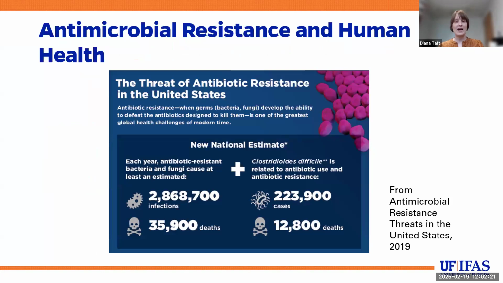Since I know this is more of an AI audience and very broad, I thought I'd start by explaining why antimicrobial resistance is such an important problem. It has huge implications for human health. In the US alone, we see more than 2.8 million resistant infections per year, leading to more than 35,000 deaths per year.